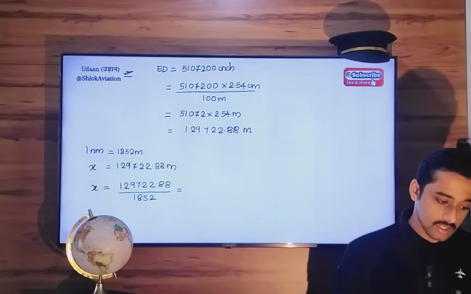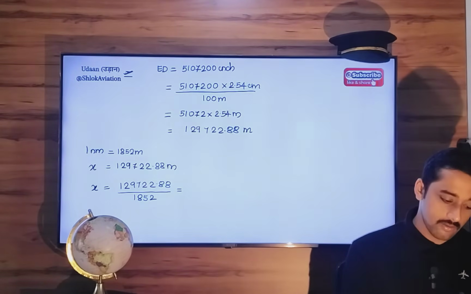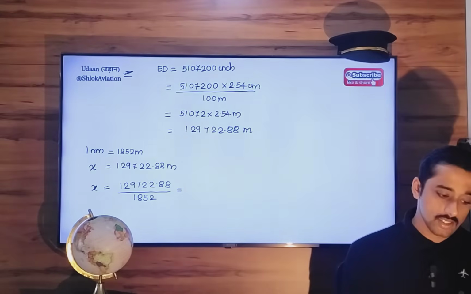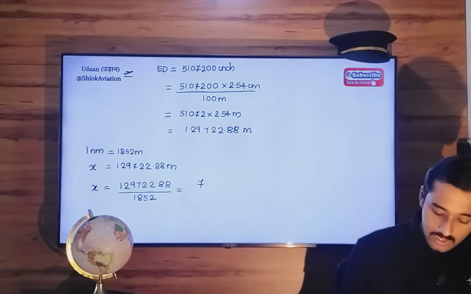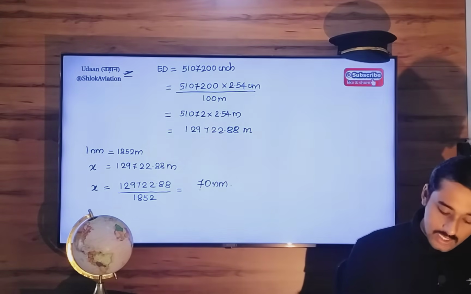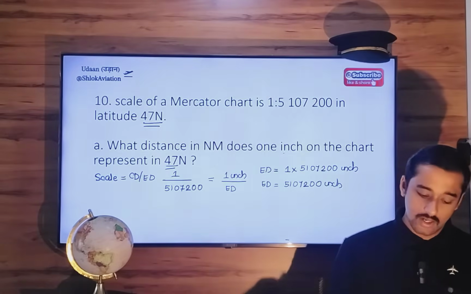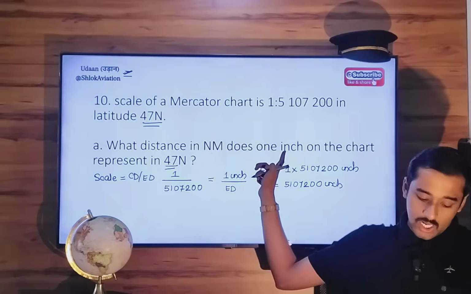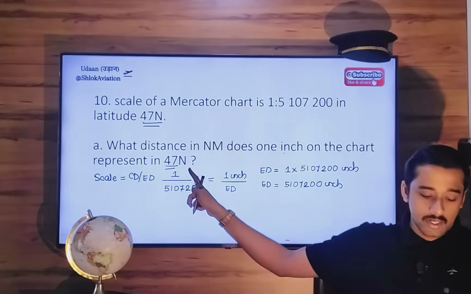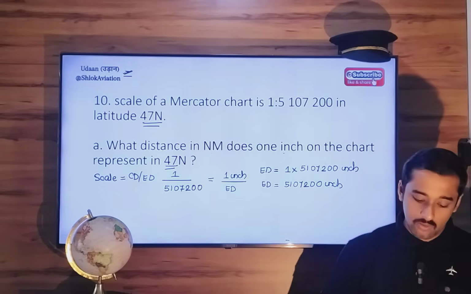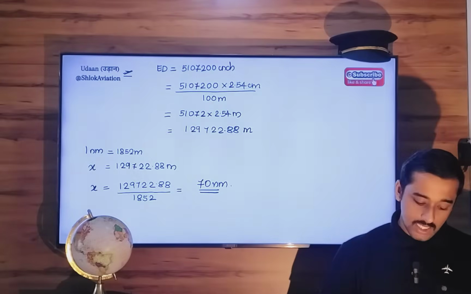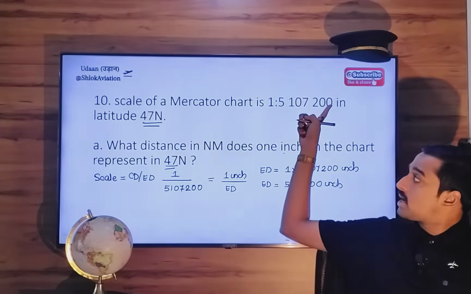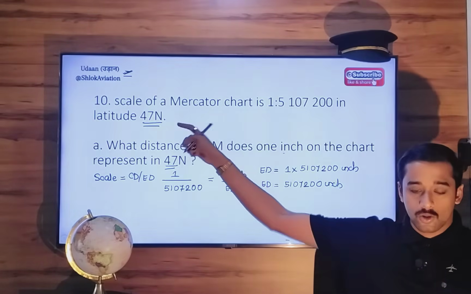So 129,722.88 divided by 1852 is 70 nautical miles. So the final answer is 70 nautical miles. So what distance in nautical mile does 1 inch on the chart represent at this latitude? So 70 nautical mile will be equal to 1 inch with a scale of this much at latitude 47 degree north. Simple.